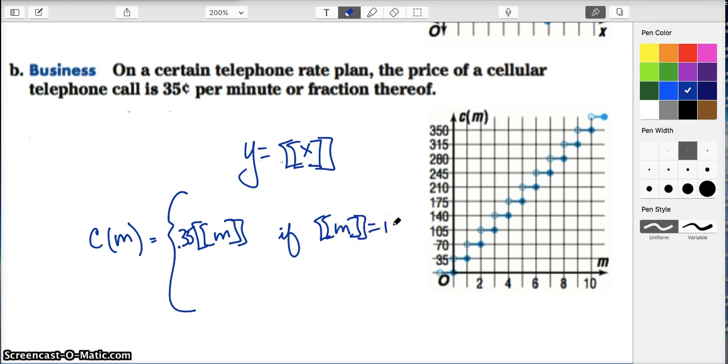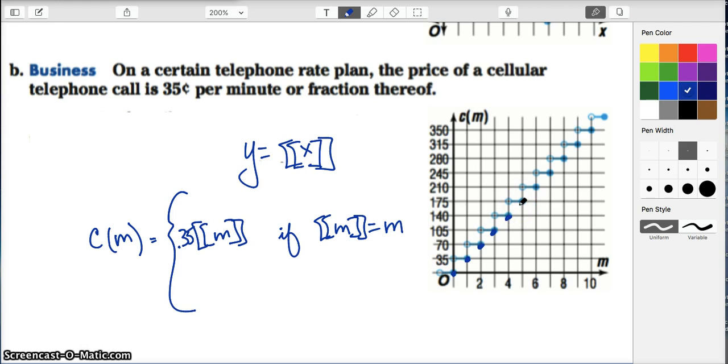So every time the greatest integer function is equal to the actual x value, every time that happens, we want to be charged 35 cents. So that's only giving us these dots here, that first part.